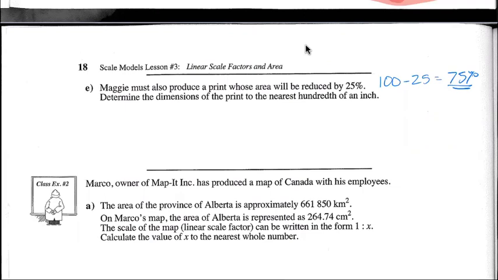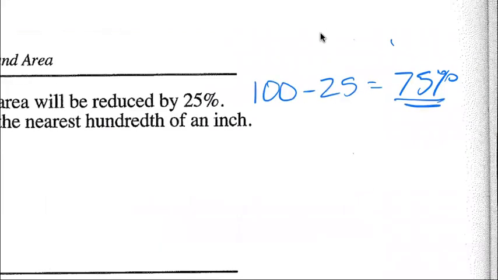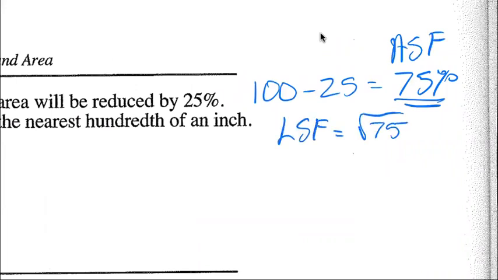Determine the dimensions of the print to the nearest hundredth of an inch. So if this 75% is our area scale factor, then our linear scale factor is the square root of 75%, which is actually 0.75, because we need that as a decimal.